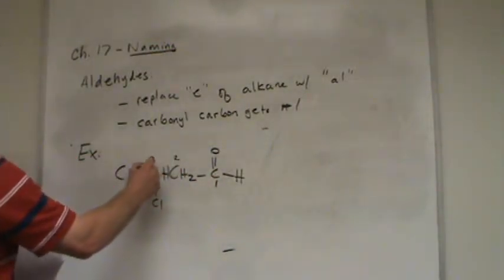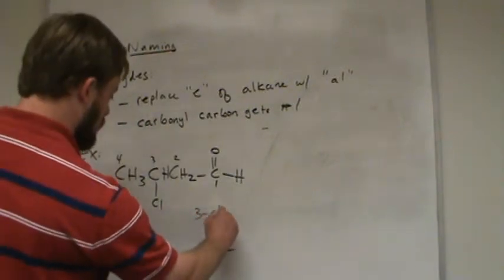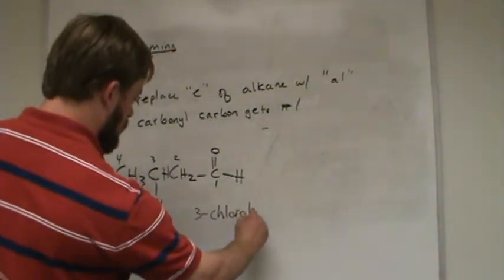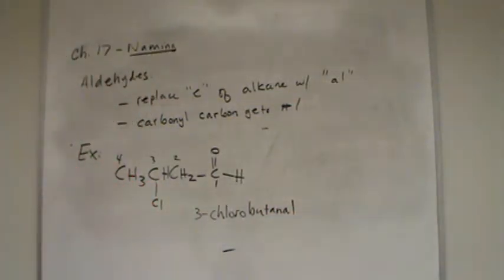So there's 2, there's 3, there's 4. So butanal, okay, will be the name of the aldehyde, but we have to include the substituent at the 3 position. So it's 3-chlorobutanal. Okay, you're going to name all of them like that.